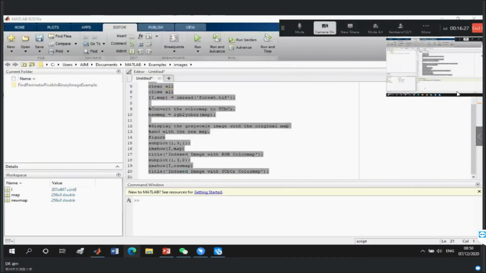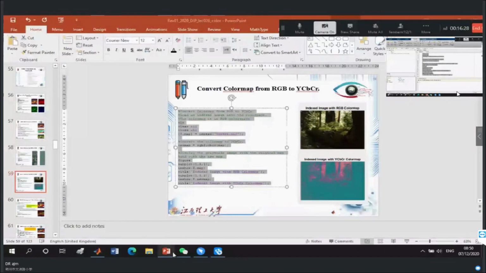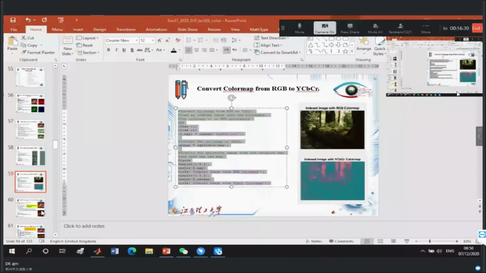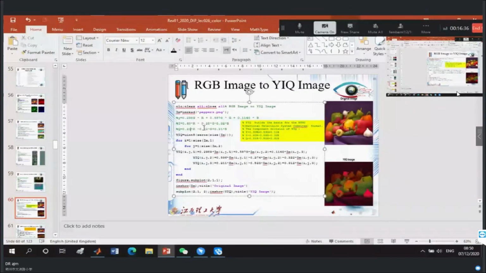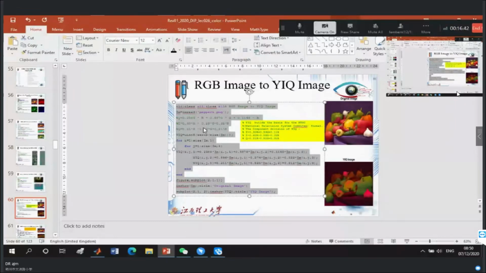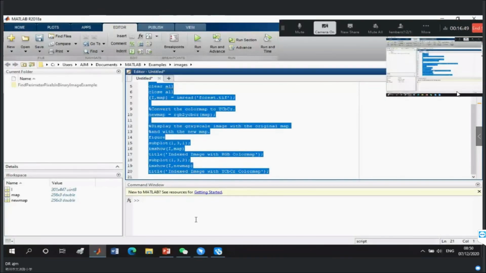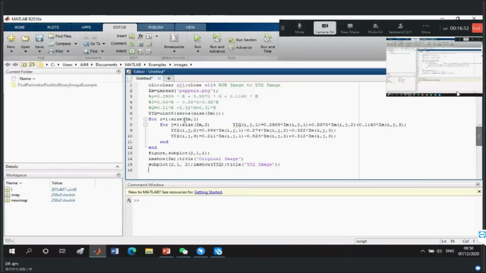The next example is RGB to NTSC or YIQ, and how we should convert. As we say, there is some matrix constant and formula for converting from RGB to YIQ.